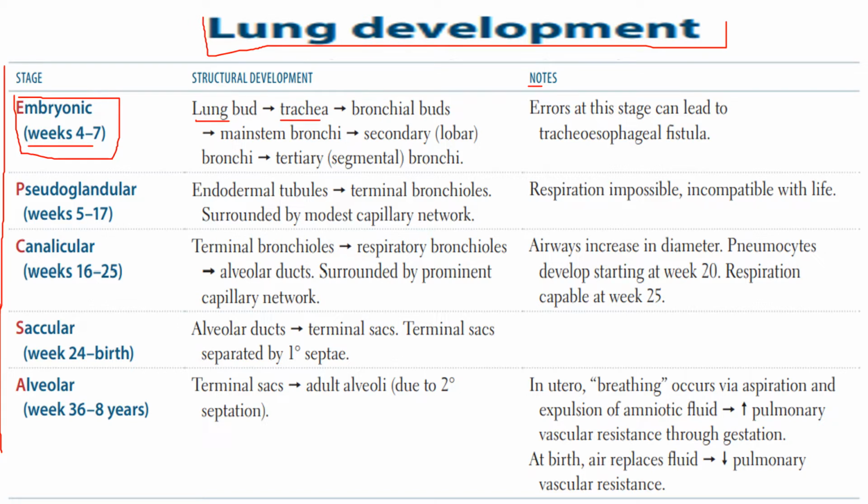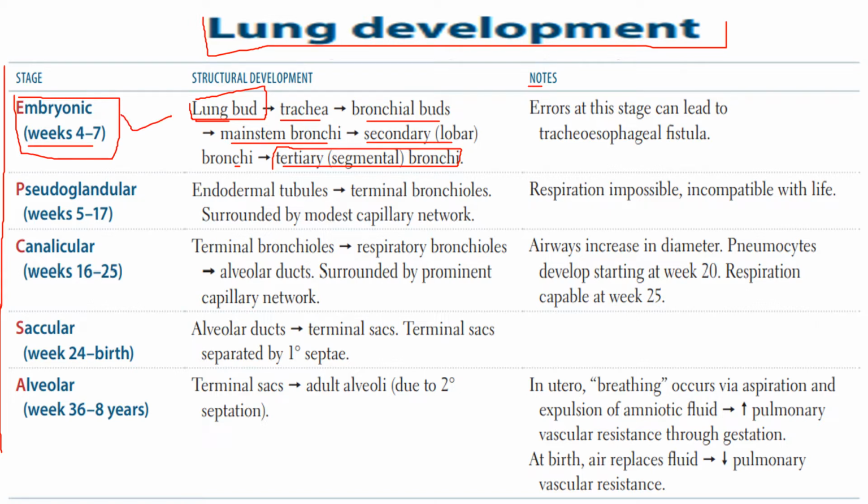From lung bud, it gets derived to trachea, then bronchial buds, then main stem bronchi, after that the secondary lobar bronchi and the tertiary segmental bronchi. So we can say that from lung bud to the tertiary segmental bronchi, the development occurs in embryonic stage.